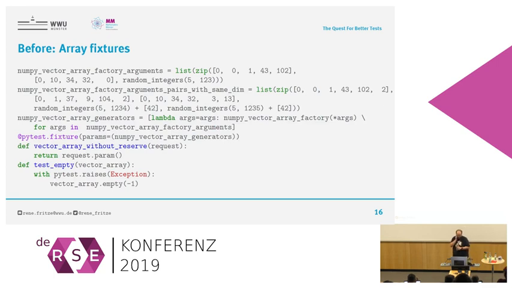Okay, so this is a non-working subset example of our fixtures for an array abstraction. This is relatively complex because we need different setups. We need situations where we get two arrays of the same size with values. We need setups where we get ones that you can't actually add, so we get an error and so forth.